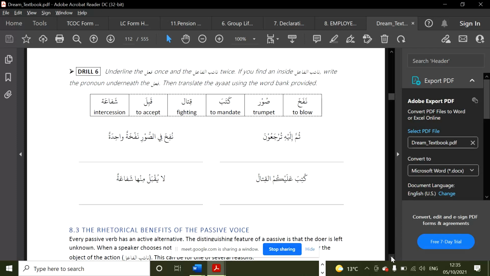Okay, we say we look for the first isim in rafa form outside after our fail, in the normal form or mabdil majhul form. The first isim that we are seeing here is asuri, right?